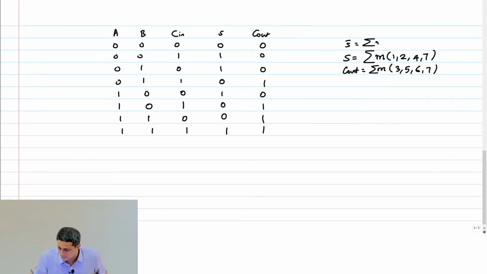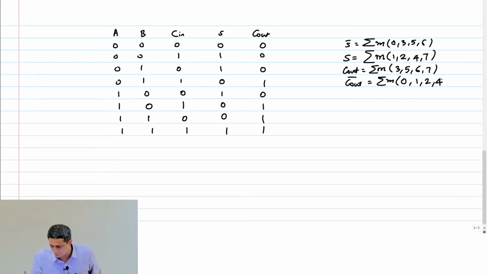This is summation of min terms 0, 3, 5, 6. C out bar, summation of min terms 0, 1, 2, 4.